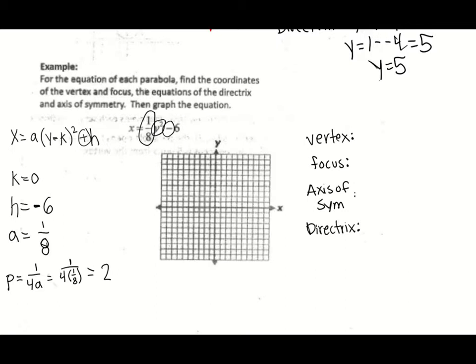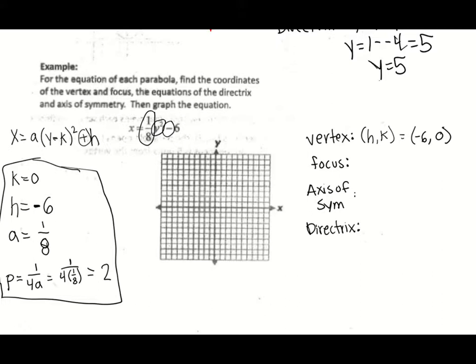Okay, our vertex, our point is h, k. In this case, that is h, which is -6, and k, which is 0. So it helps to write all this stuff on the side here, because then when we go to figure out our parts of our parabola, we can just look for our variables over here.